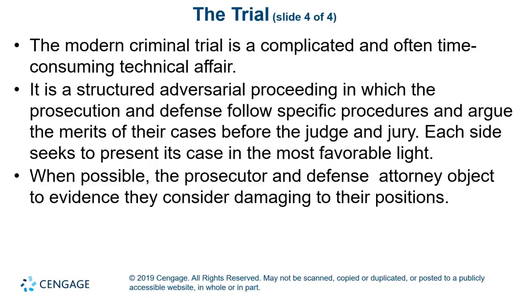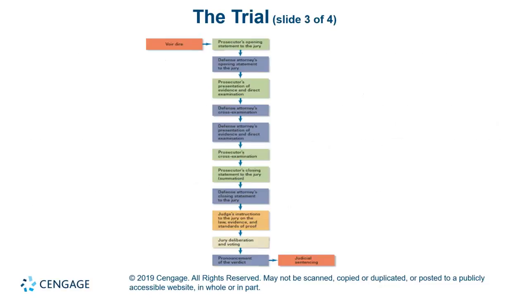And when possible, the prosecutor and the defense attorney object to evidence that they consider, of course, damaging to their positions. Now, here's what the trial actually looks like. I threw in a little chart talking about the trial.